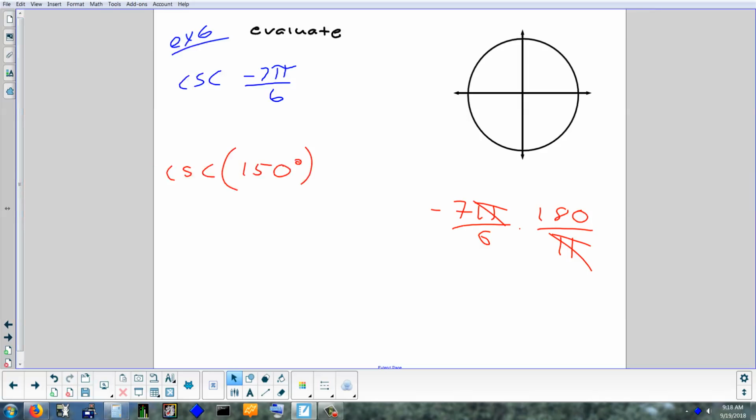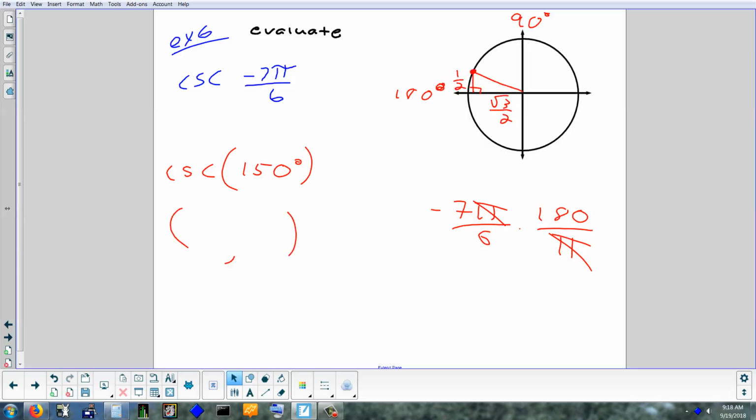Okay, so 150. Now I'm trying to picture where that's going to be. 180, 90. In the middle, closer to 90, closer to 180. Closer to 180. So that means my triangle is laying down on the long side this time. It's not standing up on the short side. Long side, root 3 over 2. Short side, 1 half.